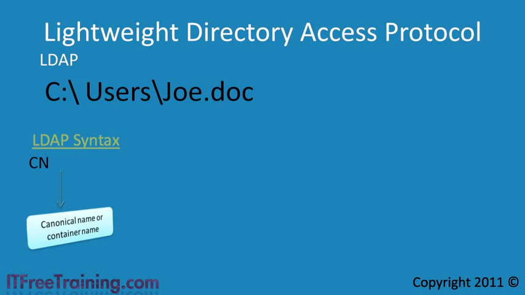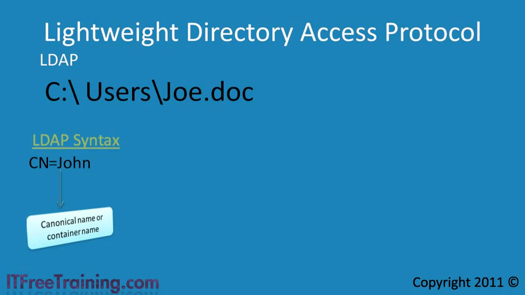In this case, if you wanted to access an object in Active Directory called John, you would use CN equals John. As you can imagine, there could be more than one object in the database called John, so we need to tell LDAP where this object is located. This is where LDAP syntax may confuse some people because it is in the reverse order to, say, a file name and path on the hard disk.